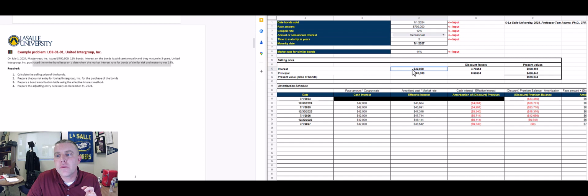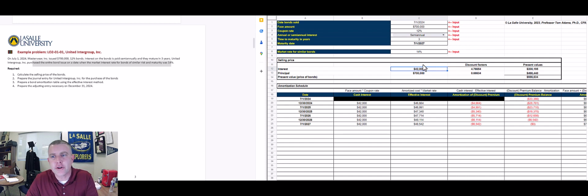And this $42,000 is that coupon payment. So they're going to pay 12% interest annually on $700,000 of a loan. So 12% times 700,000 divided by 2, because they're going to split their annual payments up into 2 pieces. That will give you the 42,000.